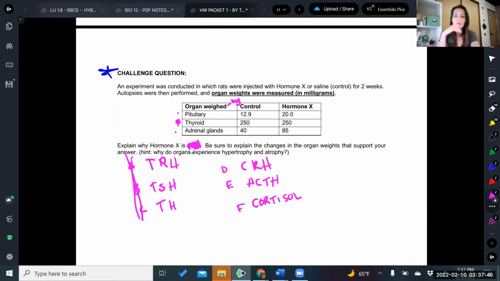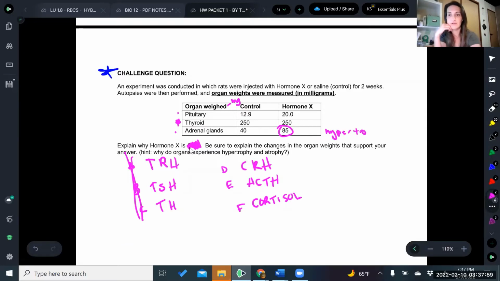We see here that the adrenal glands for the rats being injected with the hormone are larger. So these are hypertrophied adrenal glands, they are enlarged.